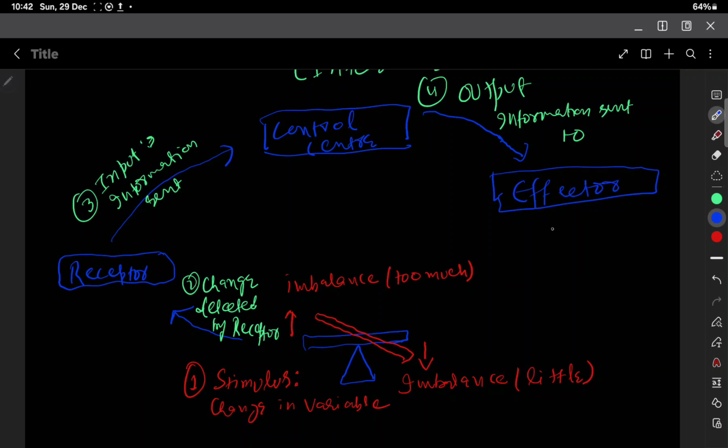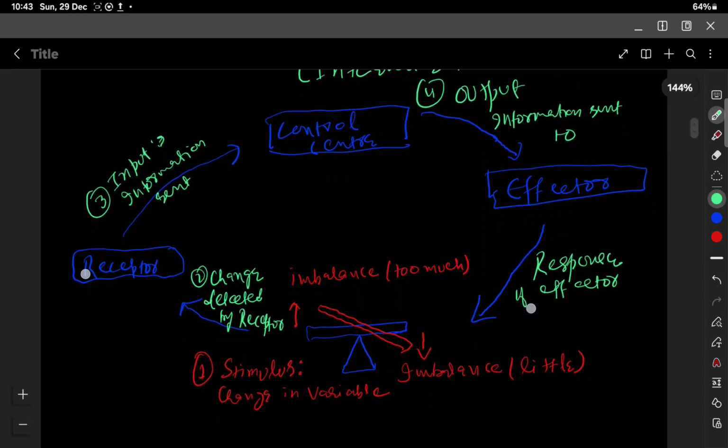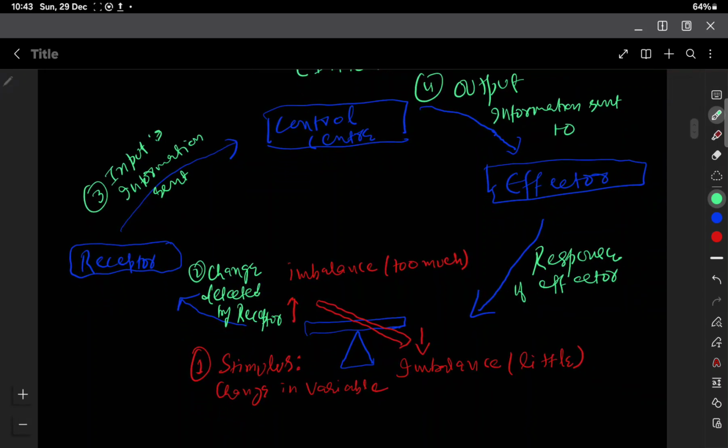Then there will be step 5. I will write it here: response of effector. The response of the effector feeds back to influence magnitude and returns to stimulus. So these are the steps which occur during homeostasis. I will try to explain this by a simple example.